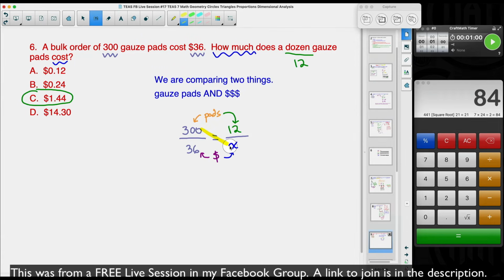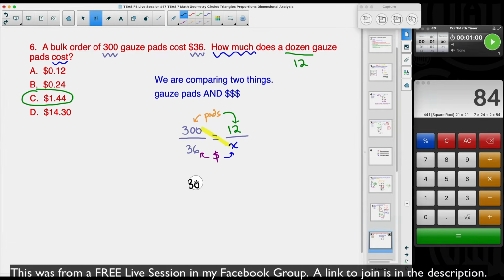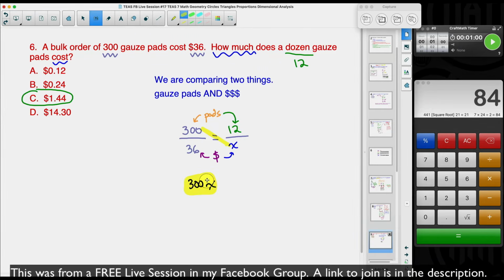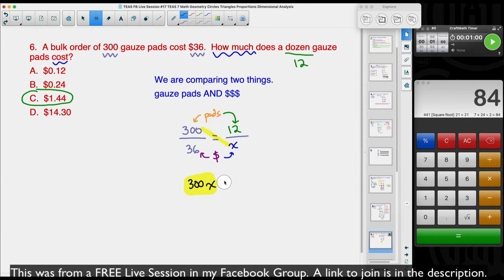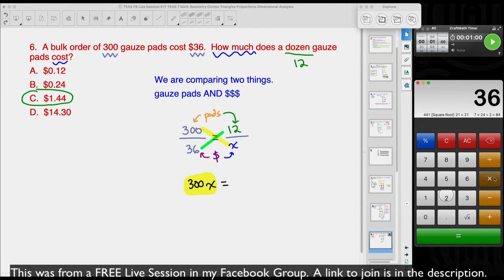So 300 cross multiplied by x is going to be 300x. We set this equal to the other cross product, whatever it may be. So in this case here, we have 36 times 12. 36 times 12 is 432.